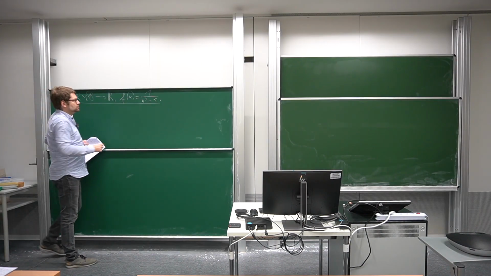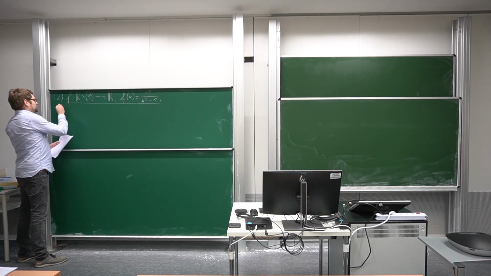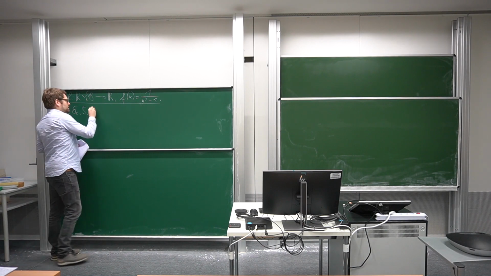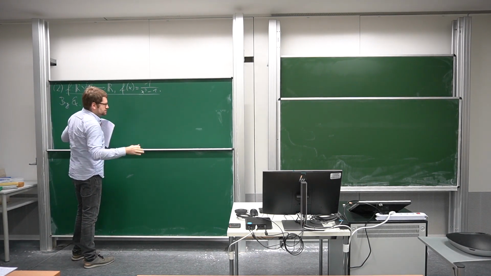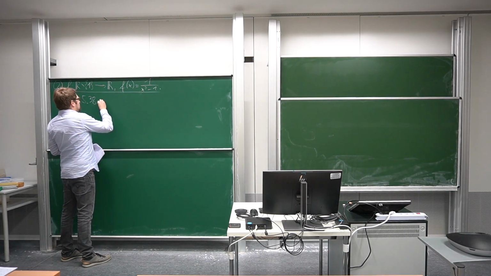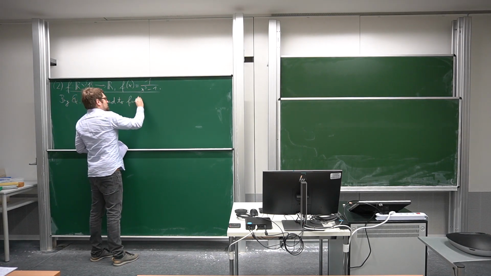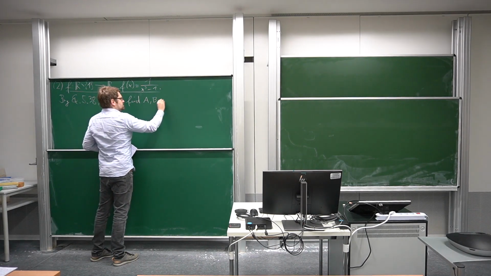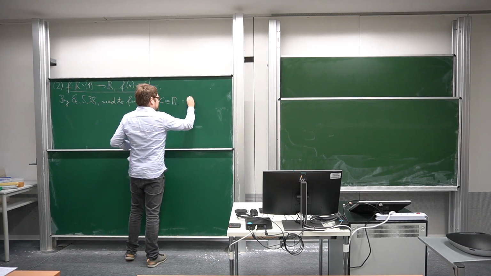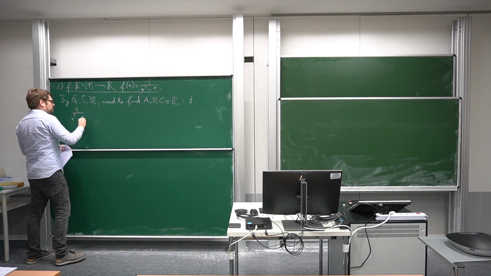Finally, we consider the function 1 over x to the 3 minus 1, and we have already studied the factor decomposition of this polynomial in example 538. This was the product of a quadratic factor and a linear factor, and this means for the partial fraction decomposition, we need to find A, B, C in R such that 1 over x to the 3 minus 1 is equal to the following sum of partial fractions.